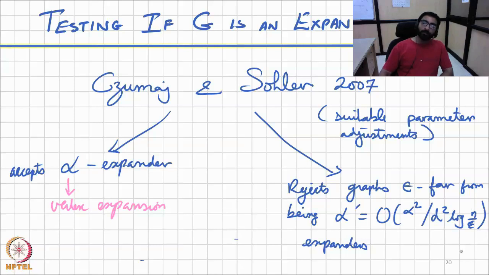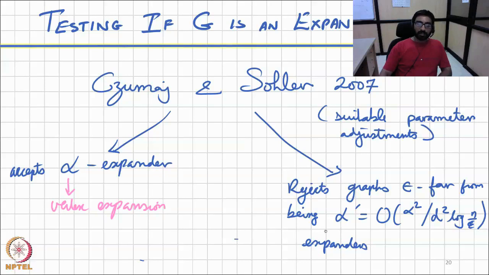Now notice that this rejection happens only if the given graph is not only far from being an expander, it's actually far from being a worse expander than this alpha over here. So keep in mind that this alpha is going to be a parameter that is strictly less than 1.